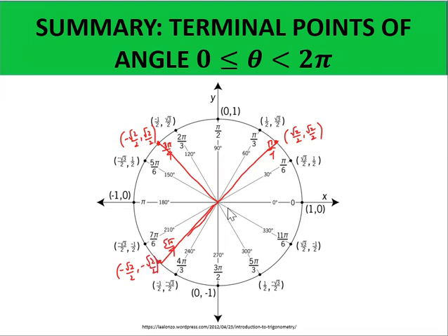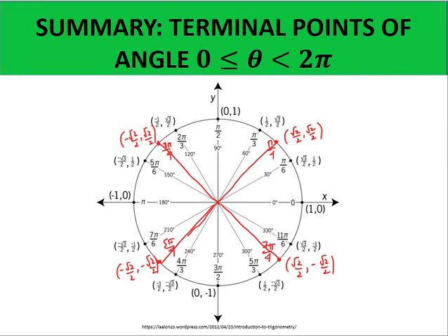And then in the fourth quadrant, that angle is 7 pi over 4. And the terminal point will be square root of 2 over 2 comma negative square root of 2 over 2. So all these angles drawn just now have reference angles equivalent to pi over 4 or 45 degrees.